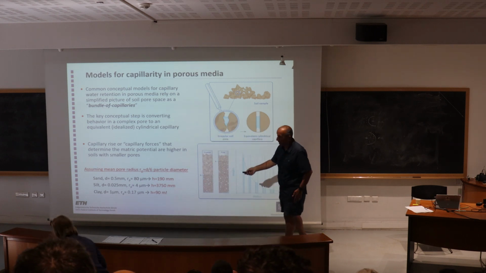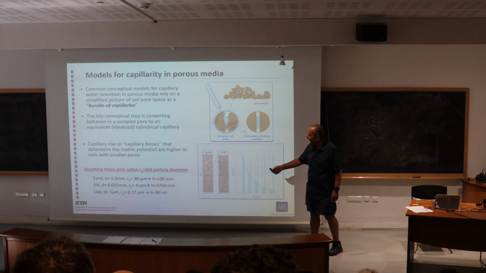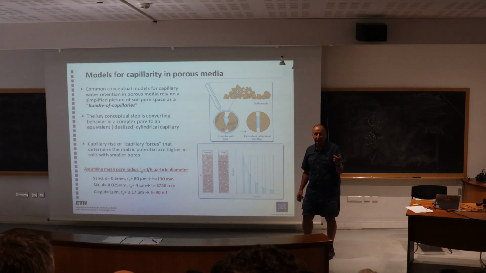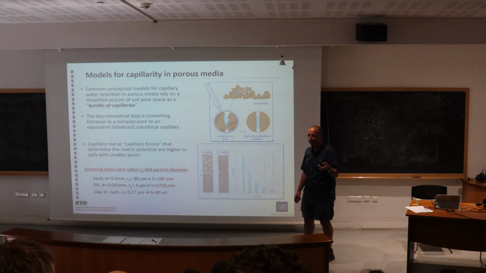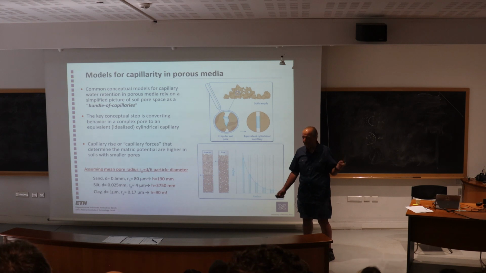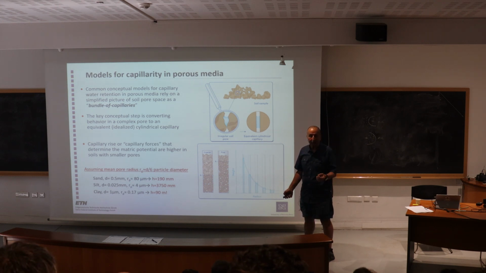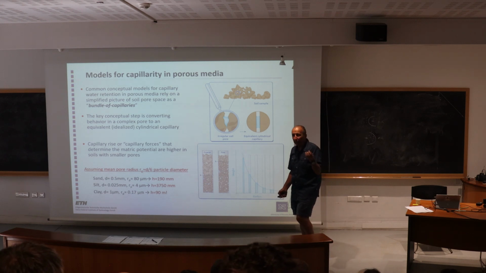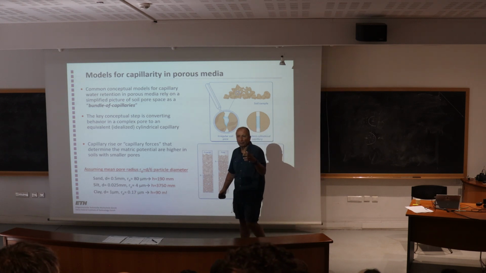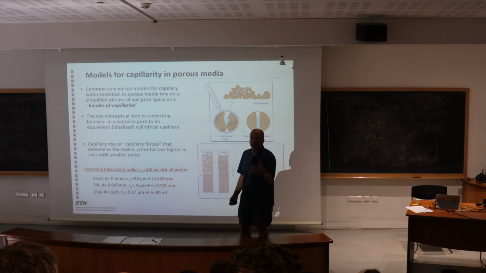So I did some calculation here using this impressive formula of 15 over r in microns, height in meters, and you can calculate that if you have a sand with a diameter of 0.5 millimeter, 500 microns, typically the pore size of packing of these grains will be 1/3 of the radius or 1/6 of the diameter.